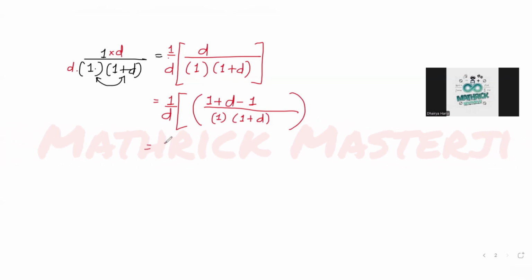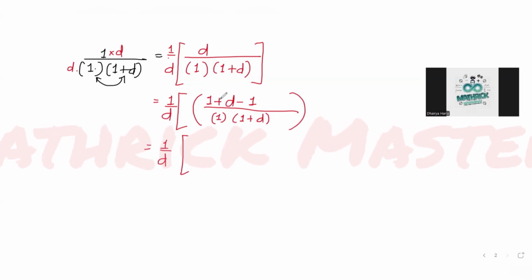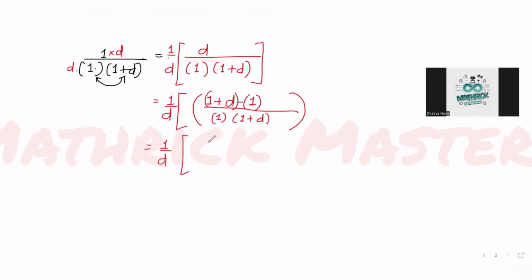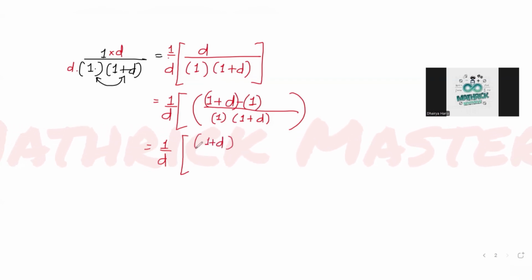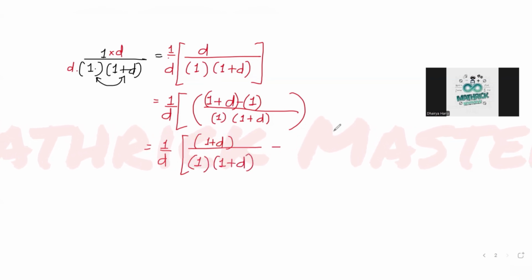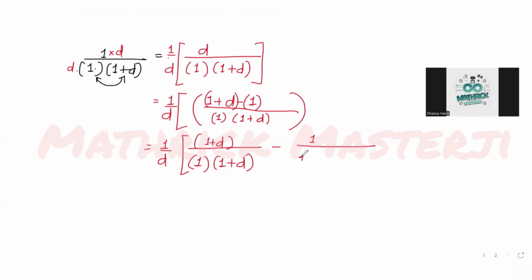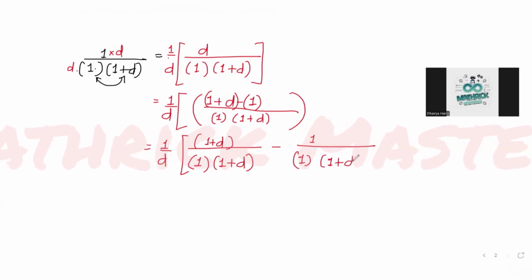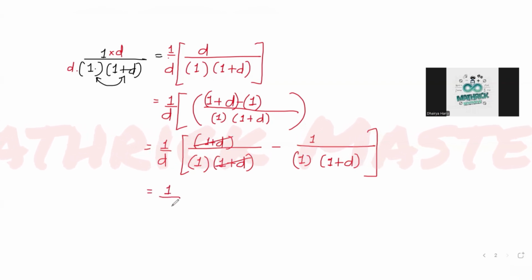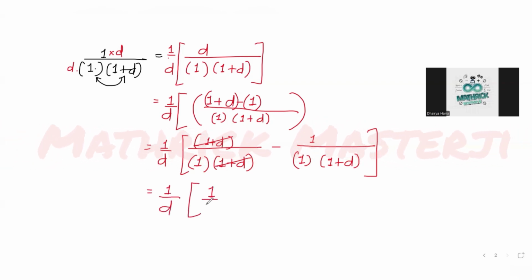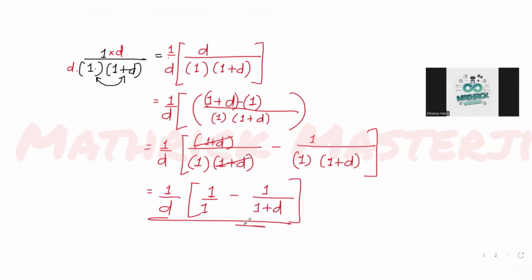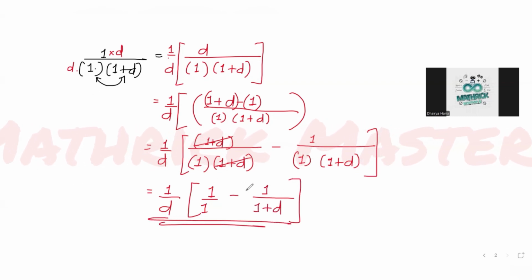Now if I separate the denominators, I get 1 plus d over 1 times (1 plus d), minus 1 over 1 times (1 plus d). So I have separated those denominators. This 1 plus d gets cancelled and I get 1 over d times (1 over 1 minus 1 over 1 plus d). So the first term, I can write in this form.